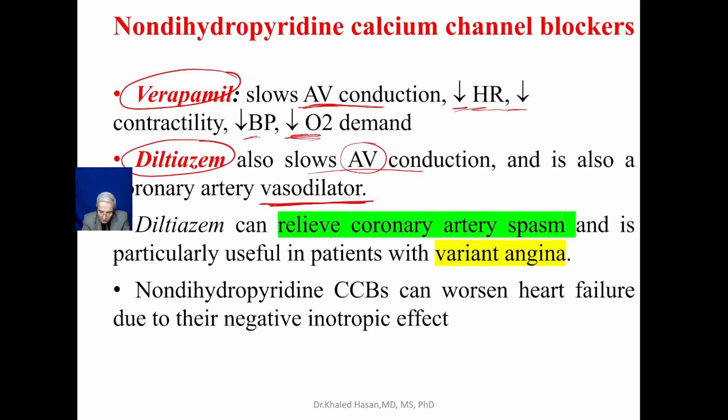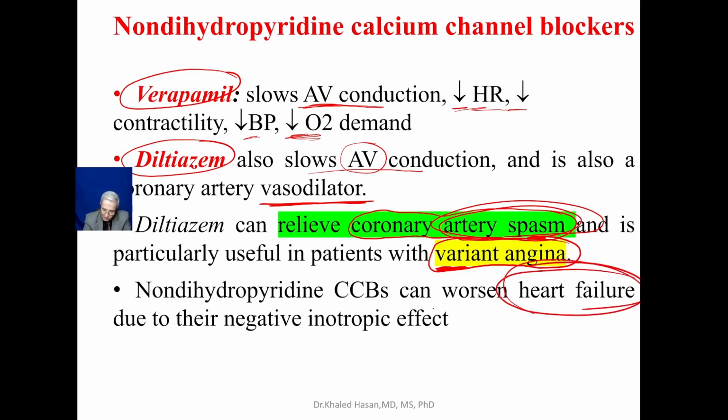Diltiazem is considered one of the best medications for patients with coronary artery spasm, and for this reason it is considered the best medication for variant angina, Prinzmetal angina, because Prinzmetal angina happens due to coronary spasm. Therefore, diltiazem is the drug of choice. We don't prefer to prescribe any CCB for patients with heart failure, again.